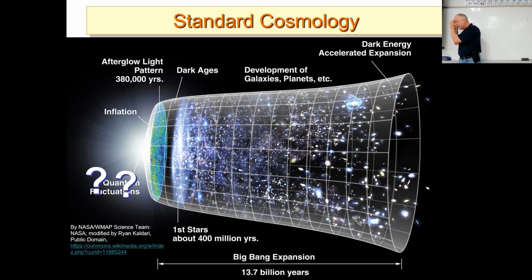And it's got a sodium doublet, it looks like, but it's way redshifted. It's the oldest light I've ever seen. And it calculates to be 13.7 billion years old.